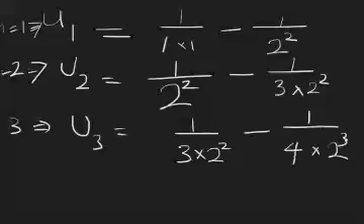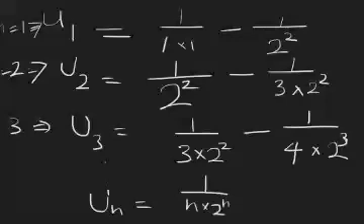You saw the pattern. The general term u sub n is 1 over n times 2 to the n minus 1, minus 1 over (n plus 1) times 2 to the n.